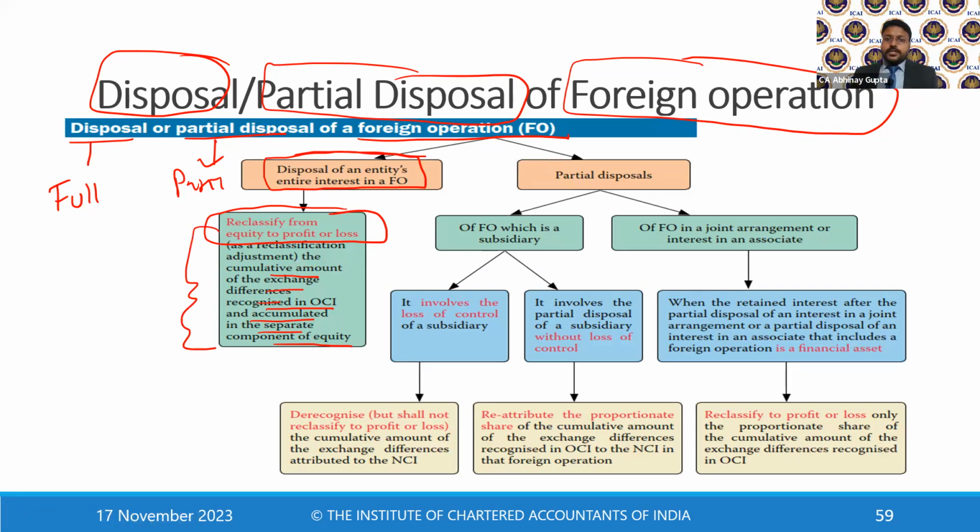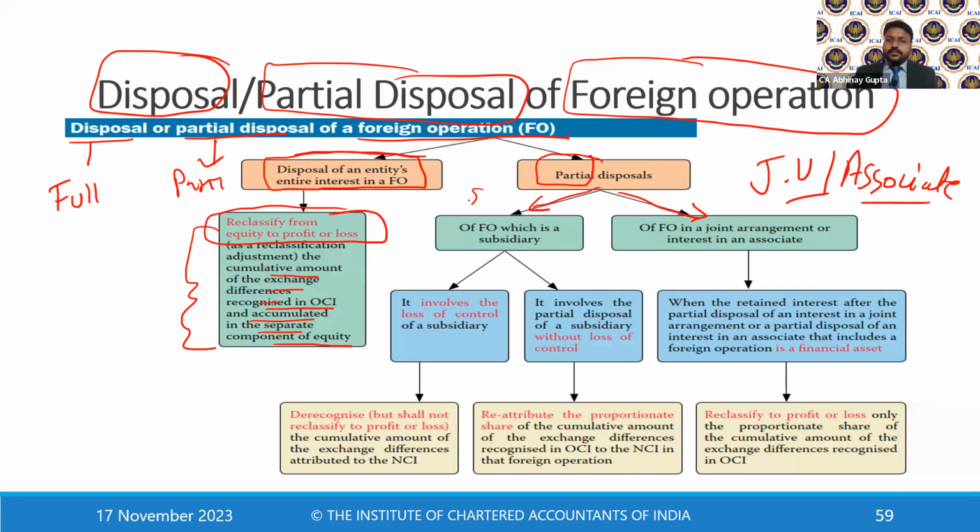Now, if disposal is not full and it is a partial disposal, there are two scenarios: either the foreign operation was a subsidiary or the foreign operation was not a subsidiary. So other than subsidiary, it could be either a JV or an associate, right?